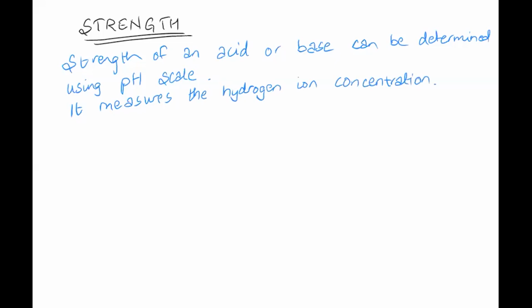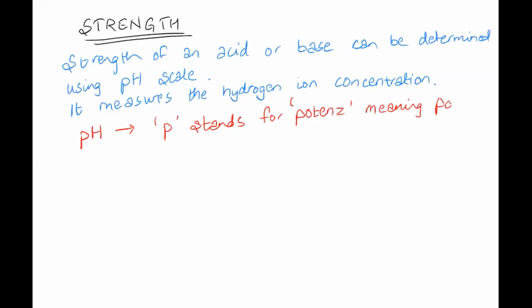Okay, so the name of the scale, that is pH. Here the P stands for potenz, which is a German word meaning power. So basically what we are seeing over here is power of hydrogen.